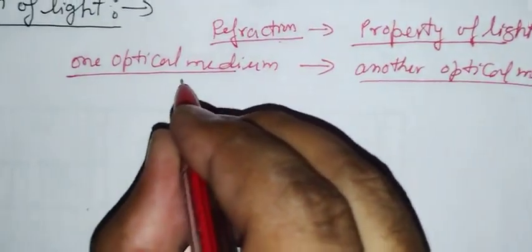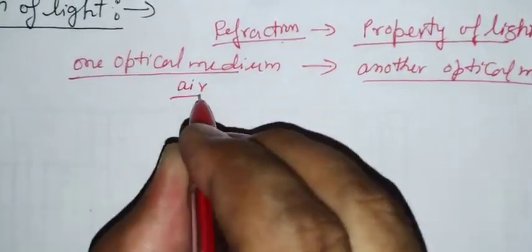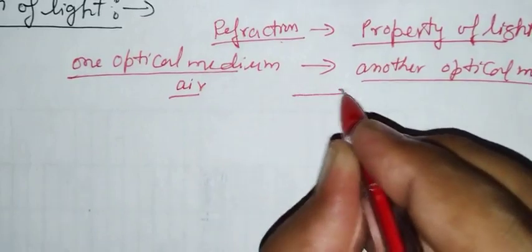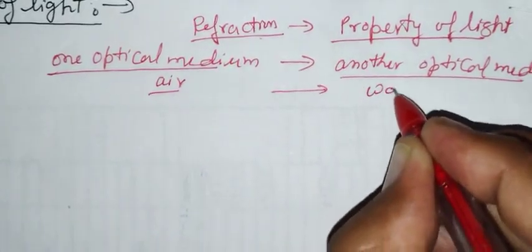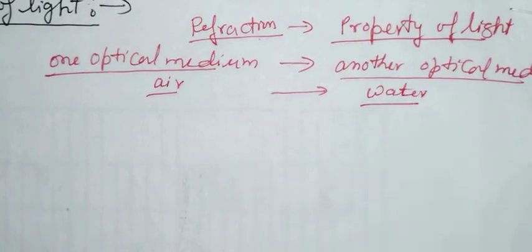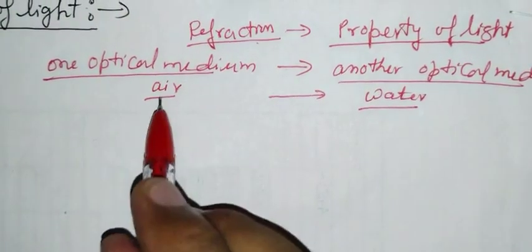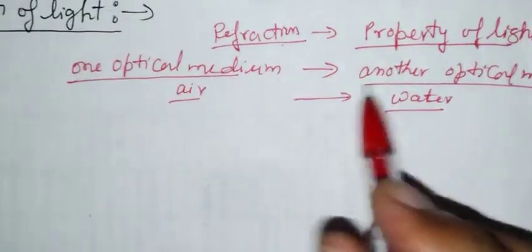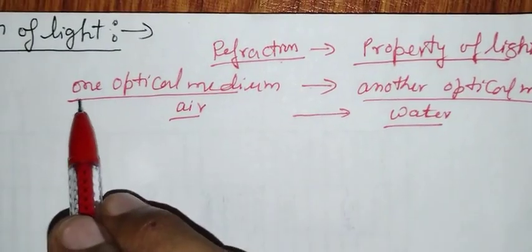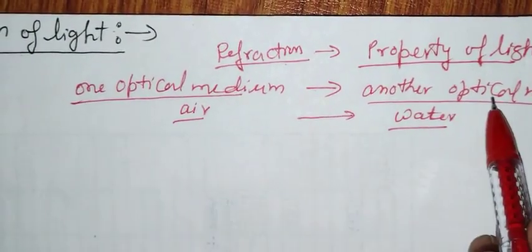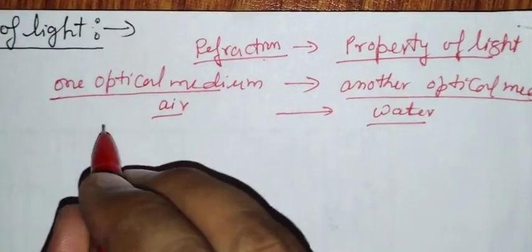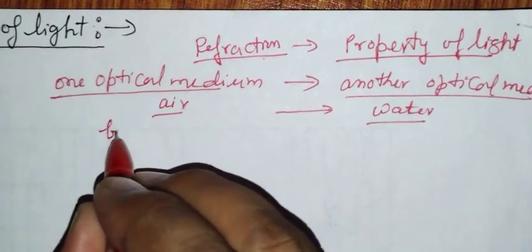Suppose it passes from air, one optical medium, to, suppose, water. Then what happens when a ray of light passes from one optical medium to another? It bends from its path.